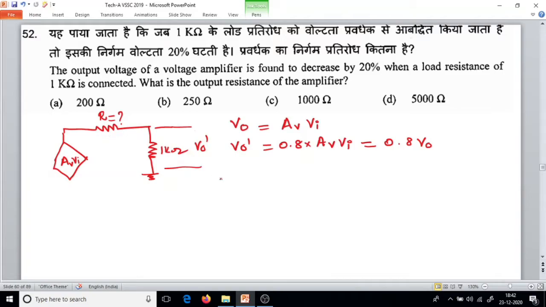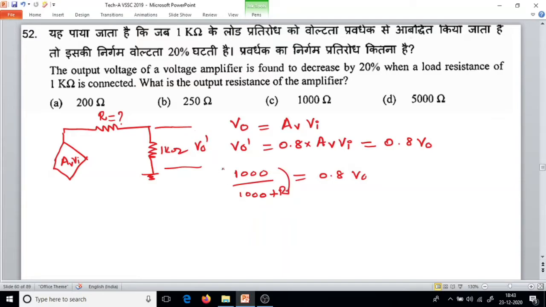It is a voltage divider. So we can write this as 1 kilo ohm, that is 1000, divided by 1000 plus R, equals 0.8 times VO.